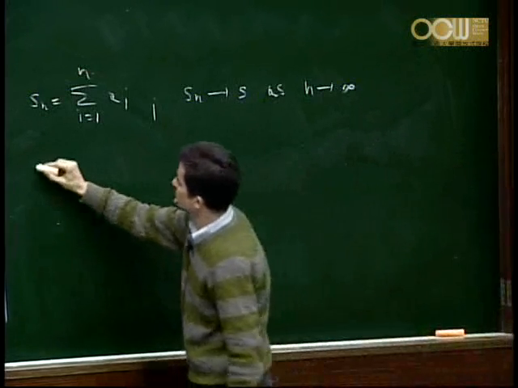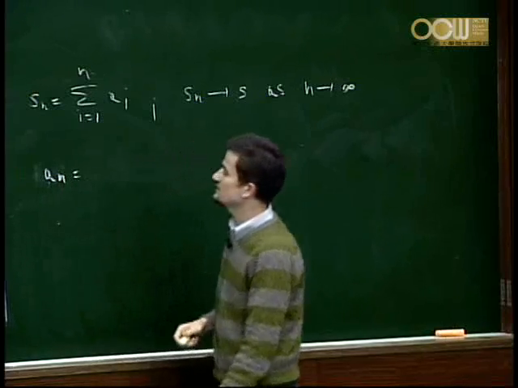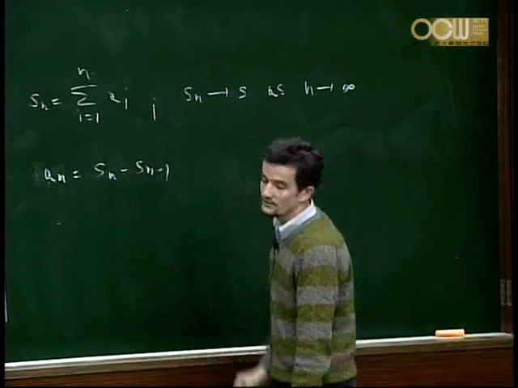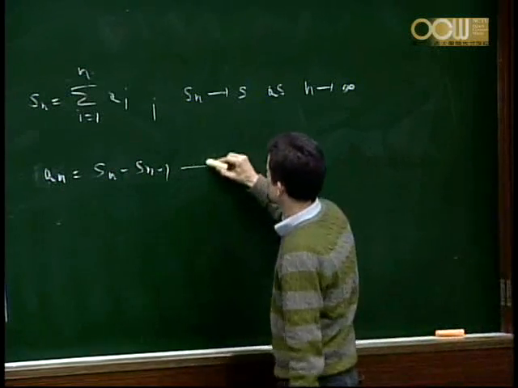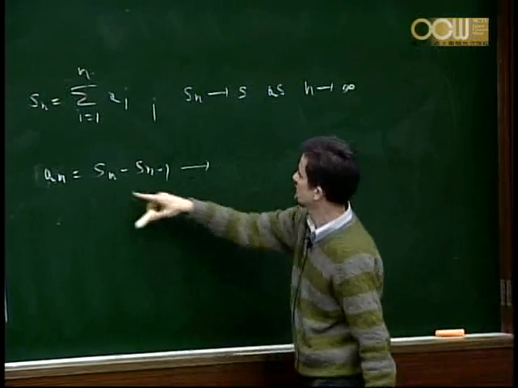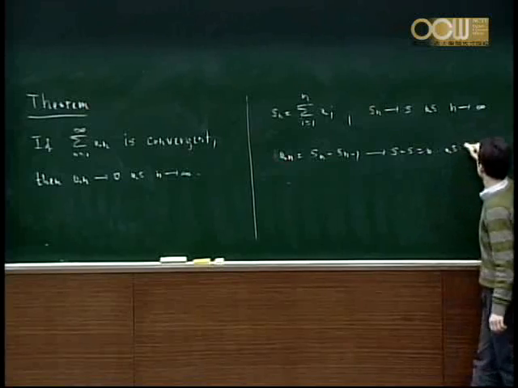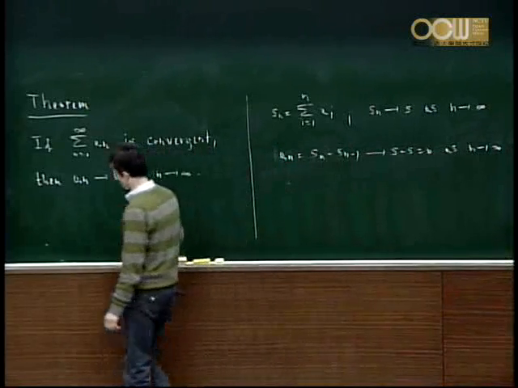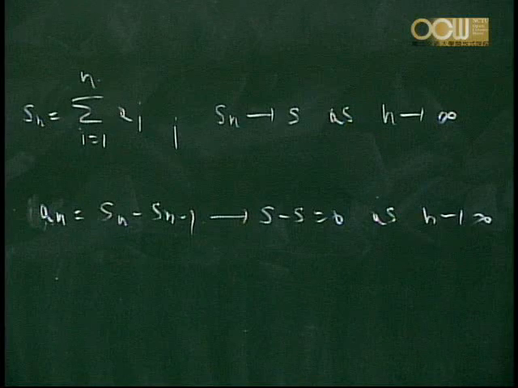And now, if you look at an, you easily observe that you can write an as Sn minus Sn-1. So if n tends to infinity, this sequence tends to S, and this sequence tends to S as well. So what you get is 0. So the reason is almost trivial why for a convergent series, an must go to 0.